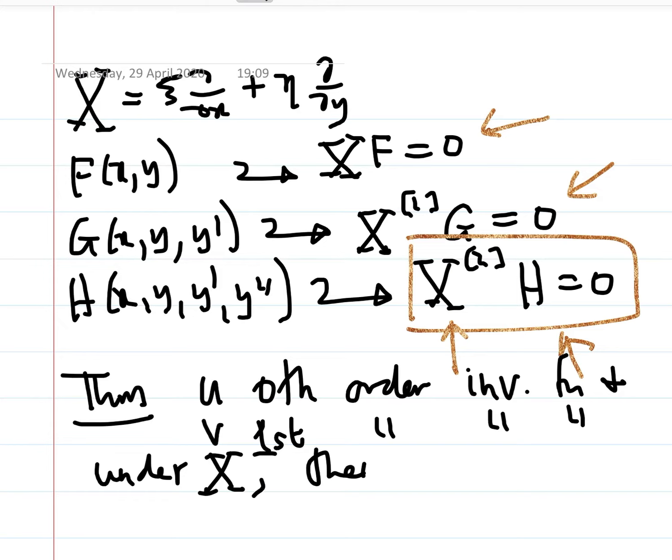Then the theorem says that a second order invariant can be obtained.